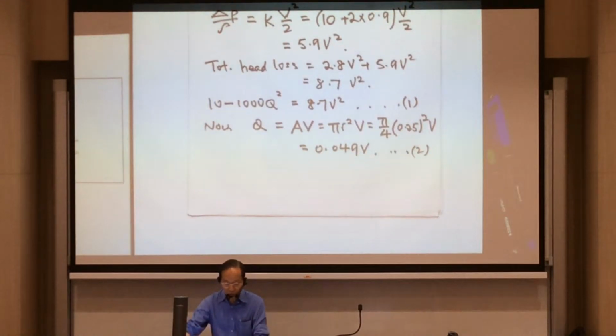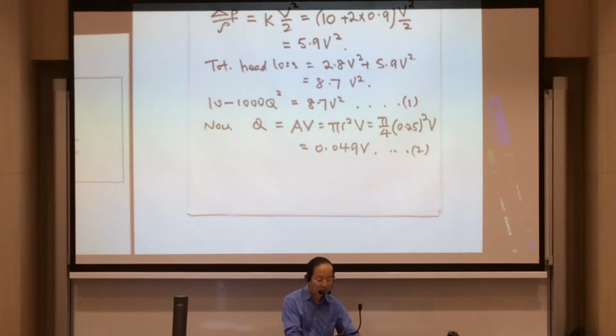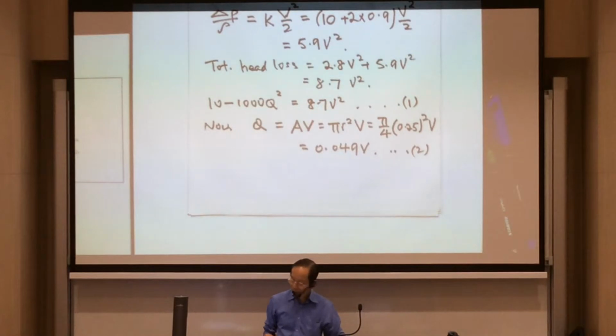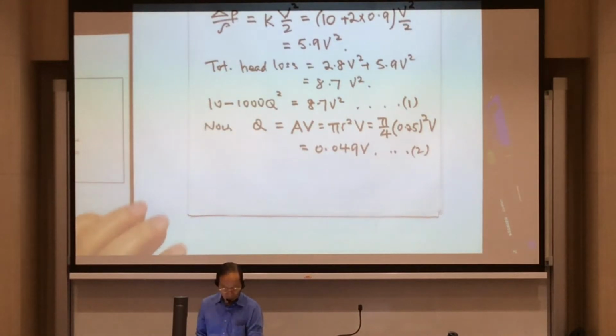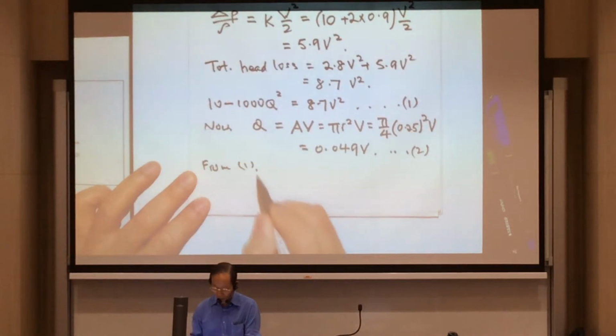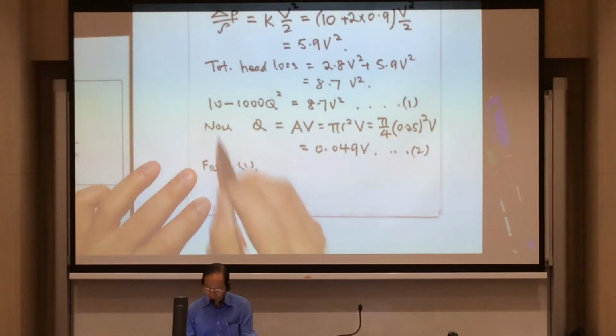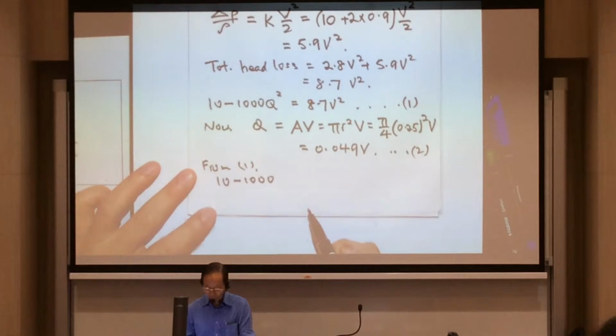So two equations and two unknowns. So two equations, two unknowns, you can solve it. So from 1, substitute into the other. 10 minus 1000 Q squared is 10 minus 1000 times Q squared. Now what is Q squared?